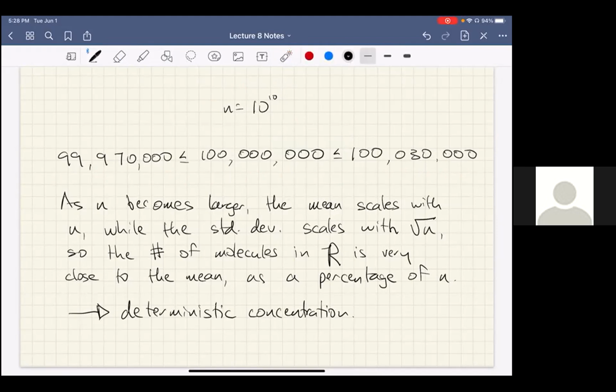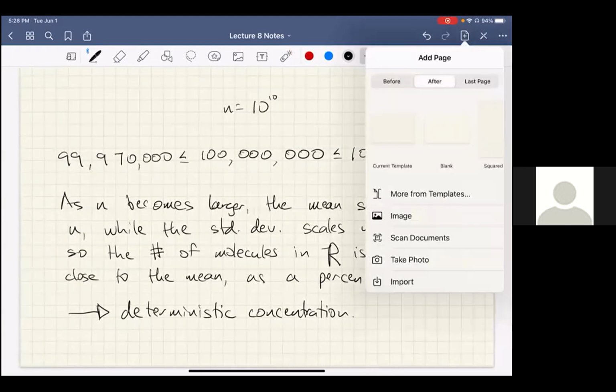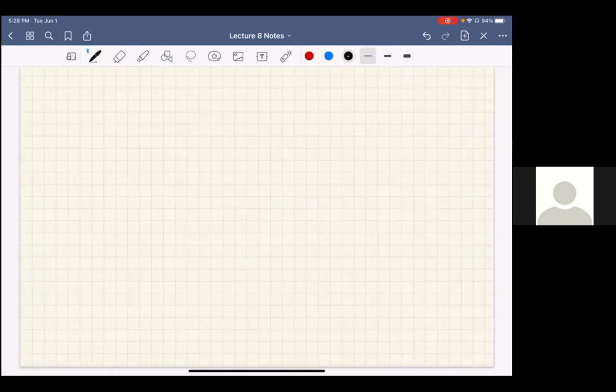I want to leave you with one thing here, and that is the time dynamics of concentration. And this is given by what's called Fick's law. You might also know it as the diffusion equation.